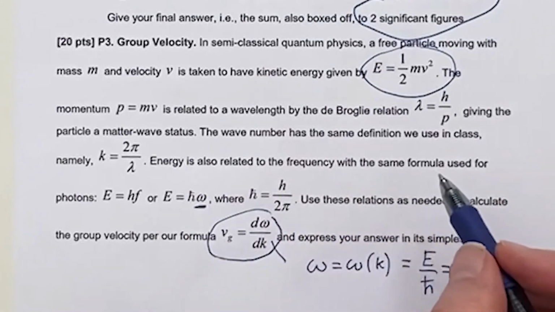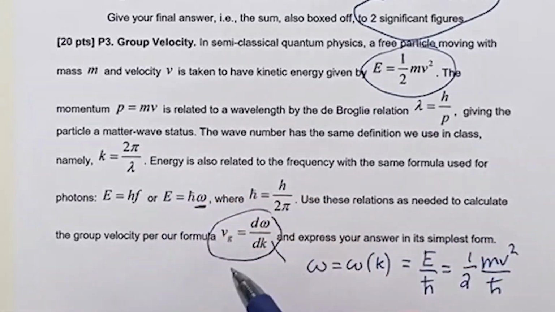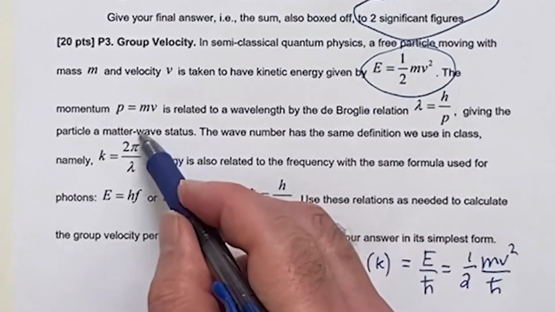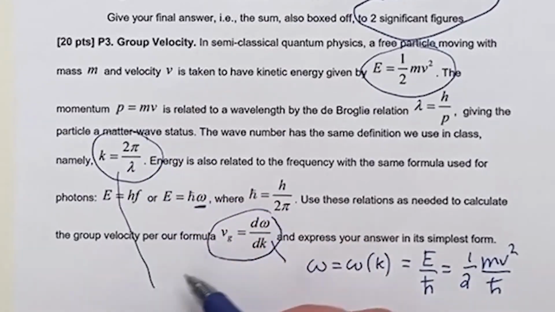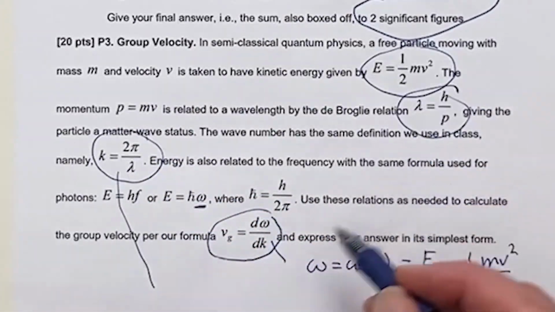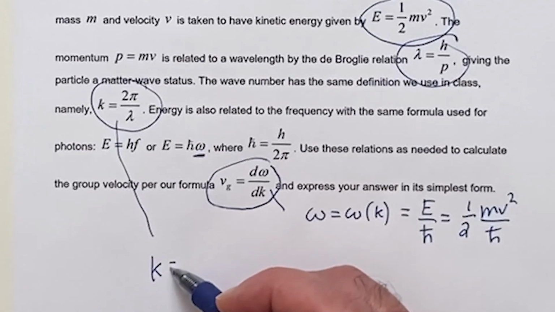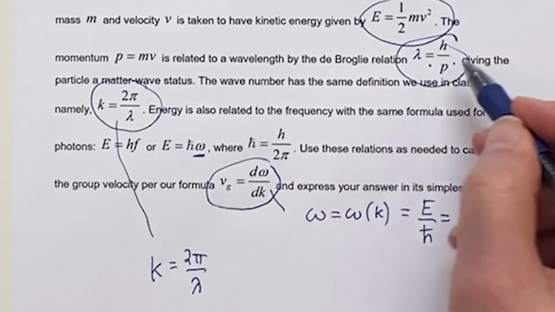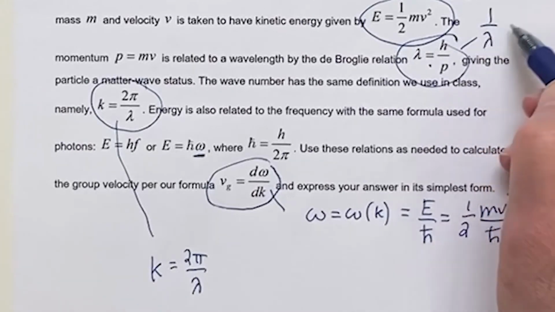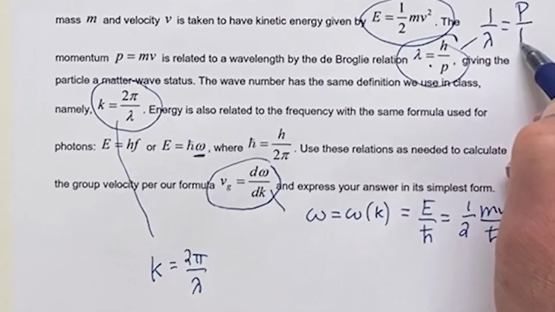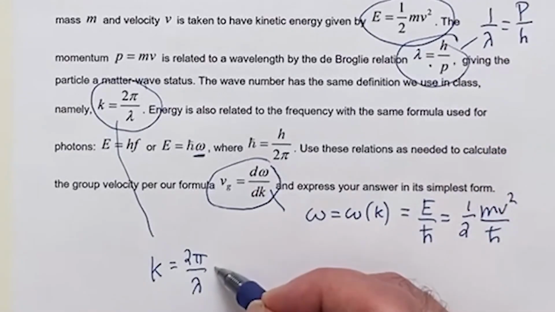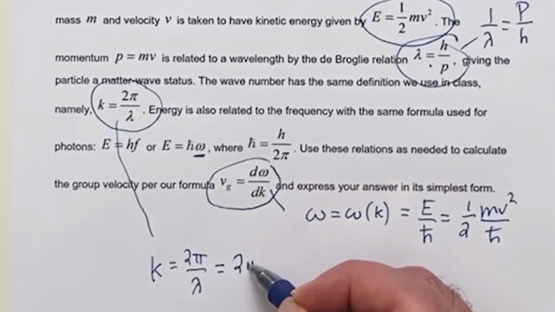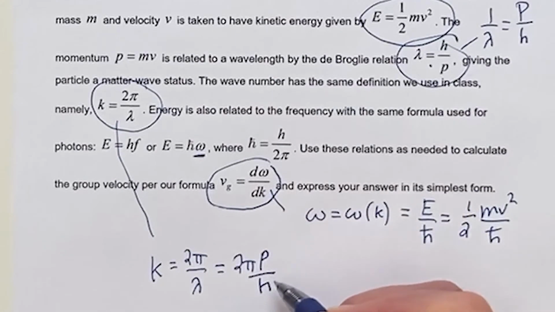But I see that the k is coming from here, and I see there. So I'm saying k is 2 pi over lambda, but from this one, 1 over lambda, if I flip this, is p over h. So that means this is 2 pi p over h.